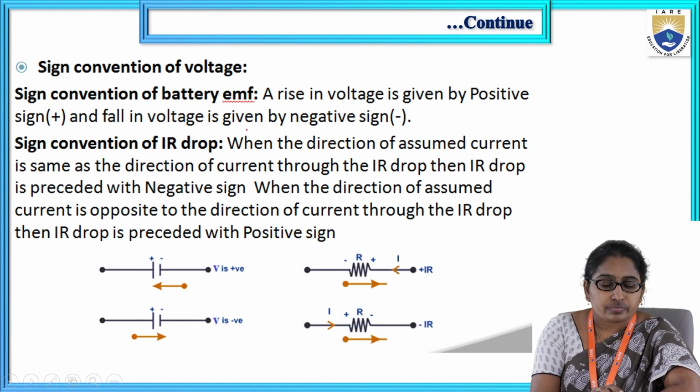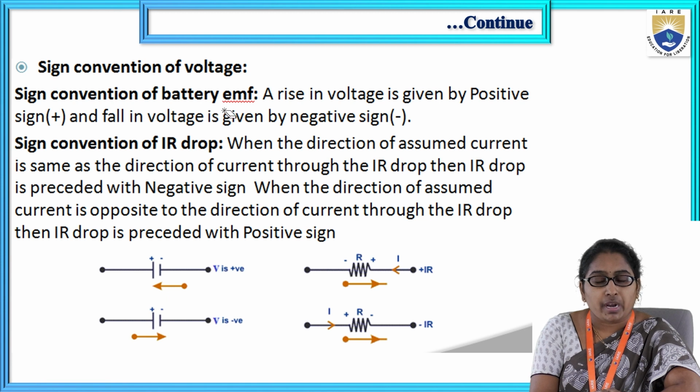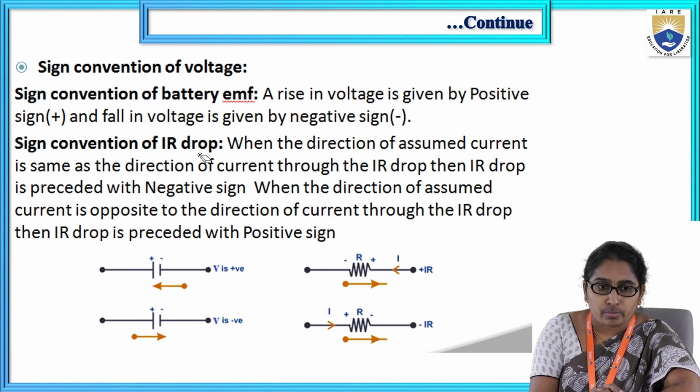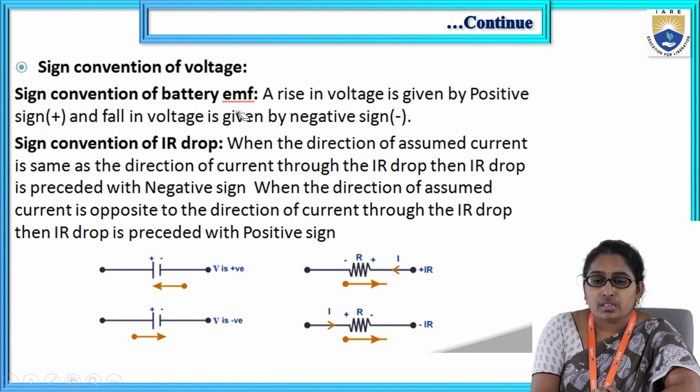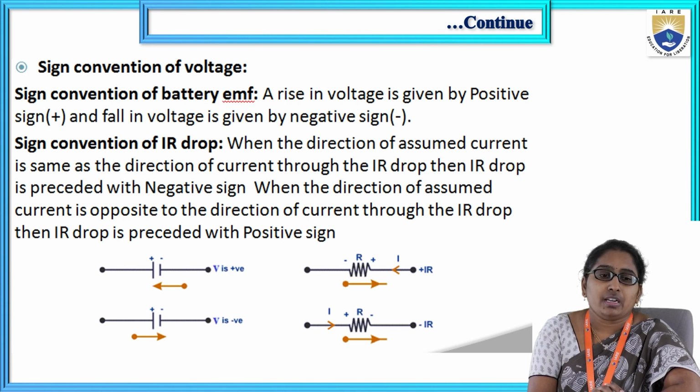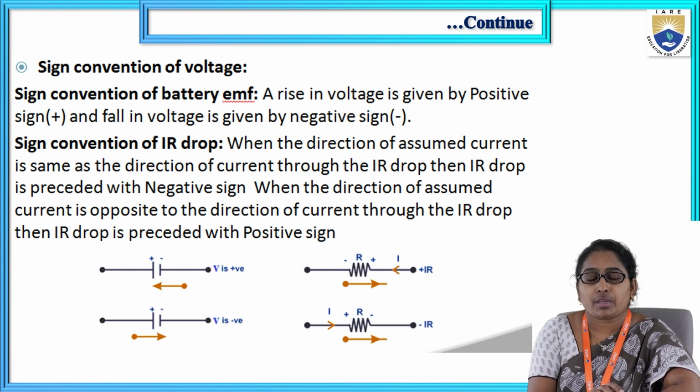See the sign convention for battery EMF, battery voltage, and then the sign convention for IR drop, the voltage drop across each element in a circuit. In a circuit there are voltage sources, batteries, and there are different elements that may be resistor, inductor and capacitor.